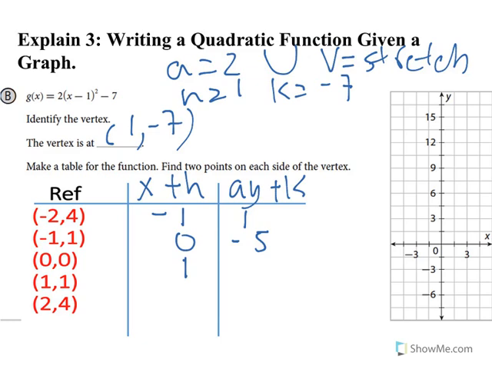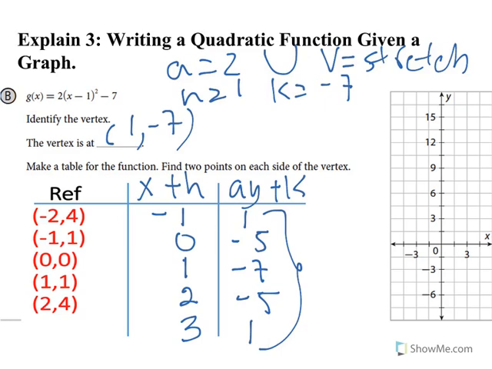And 2 times 0 is 0, that gives us a -7. And 1 plus 1 gives us a 2. And 2 times 1 is 2, minus 7 is a -5. And 2 plus 1 gives us a 3. And 2 times 4 is 8, minus 7, that gives us a 1. Right? Okay, and you can notice that these numbers repeat.